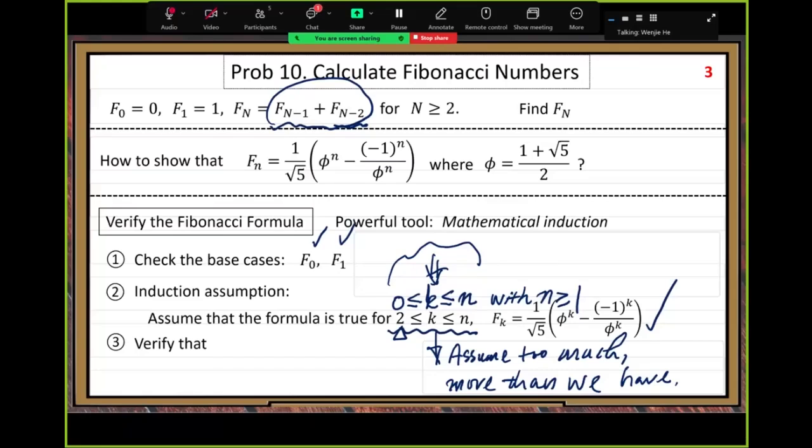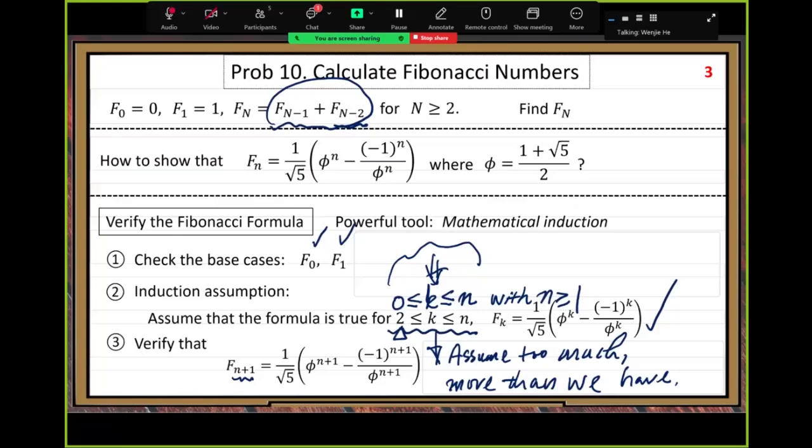So step 3, this formula is true for n plus 1. We have the same formula. That means we expand the range by 1. If you expand by 1, it's legal. By 10, may not be legal, but by 1 is legal.